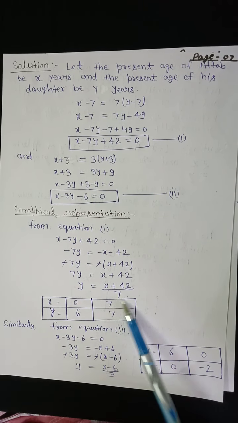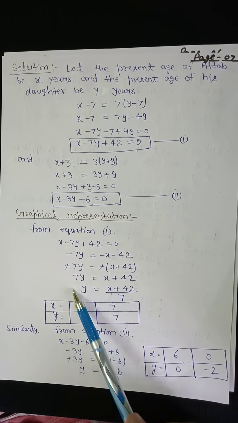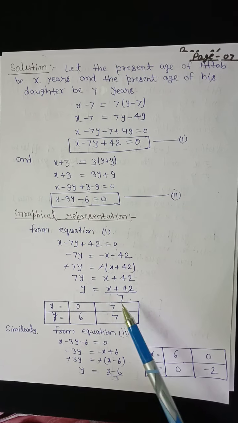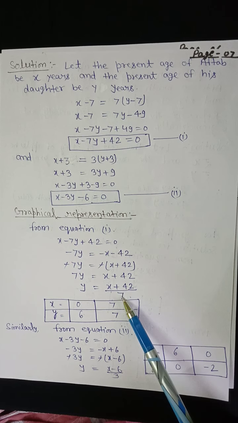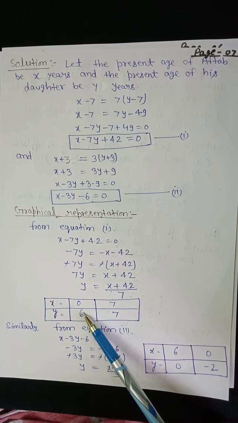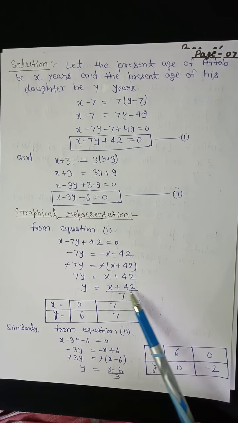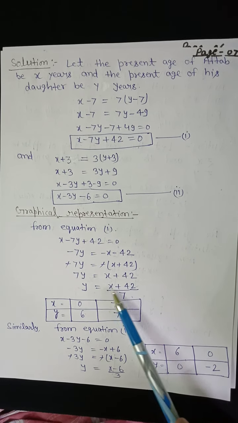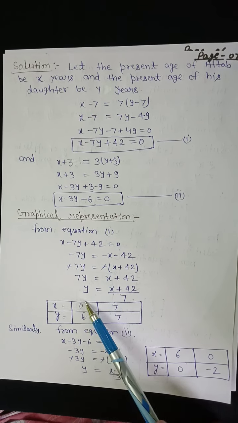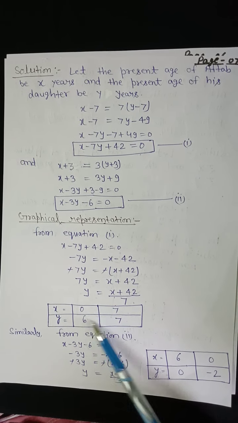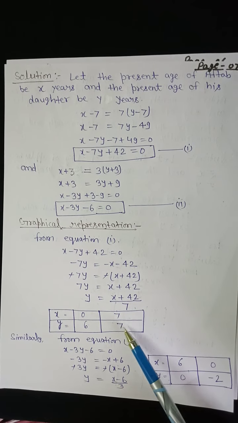Now find two points of this equation. Taking x equal to 0, then 0 plus 42 divided by 7, 7 6s are 42, y equal to 6. And taking x equal to 7, then 7 plus 42 is 49 upon 7, 7 7s are 49. The two points of this equation are 0, 6 and 7, 7.